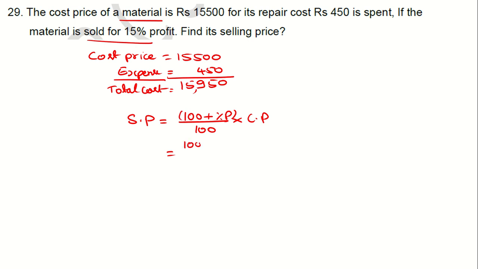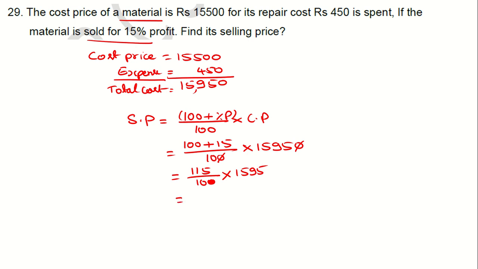Therefore, 100 plus percentage profit, which is 15, divided by 100 into cost price, which is 15,950. That is equal to 115 divided by 100 into 15,950. Here the 00 gets cancelled, so we write only 10 into 1595.